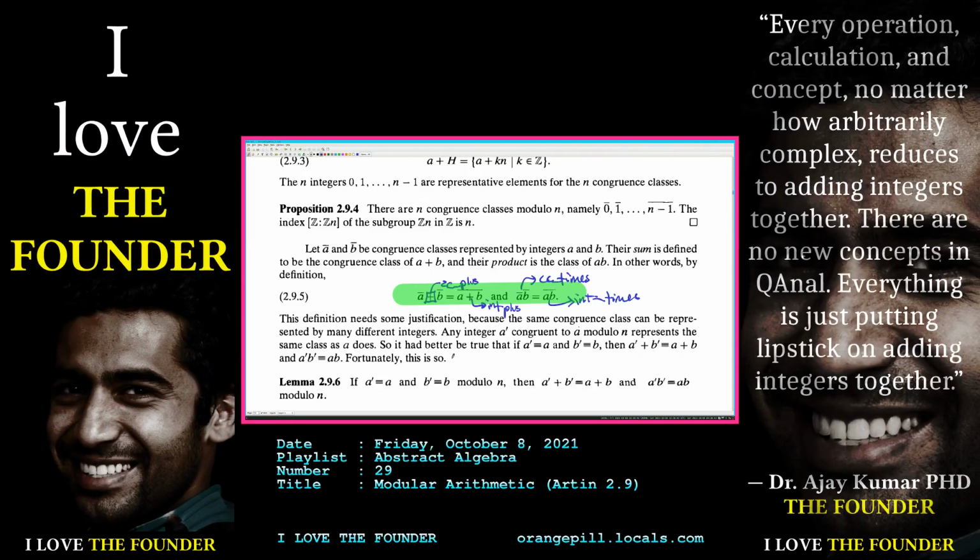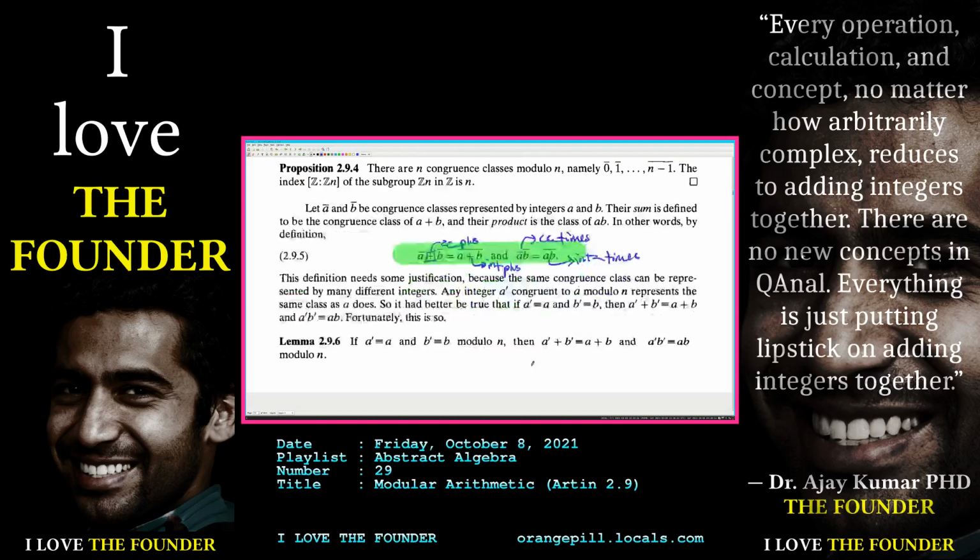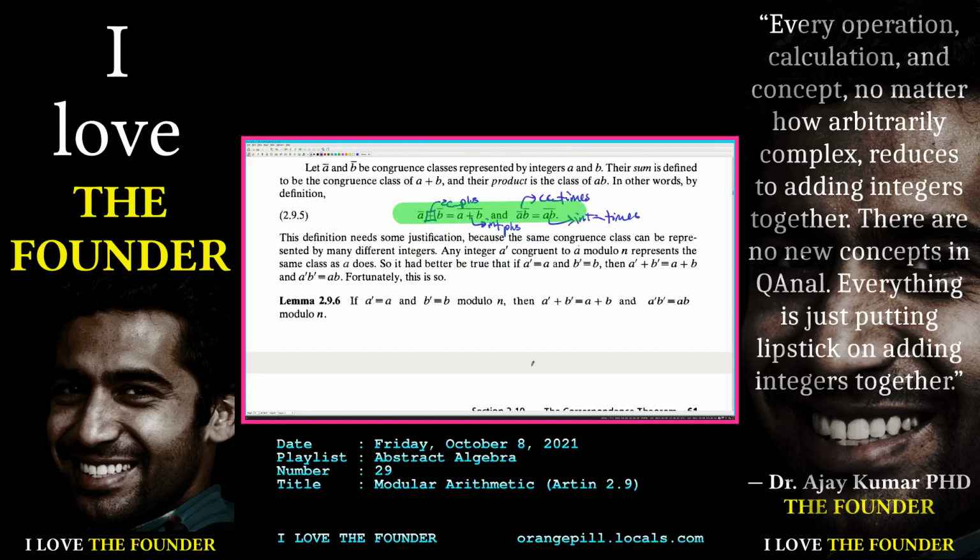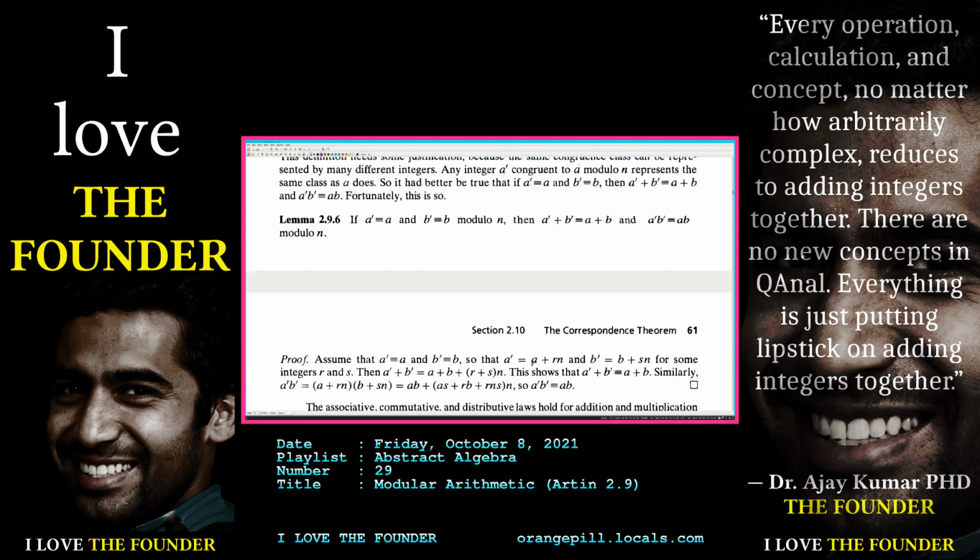Yes, so it had better, okay. Right, so that's the lemma. If a prime is equal to a and b prime is equal to b mod n, mod 12, then a prime plus b prime is equal to a plus b, and a prime b prime is equal to ab modulo n.